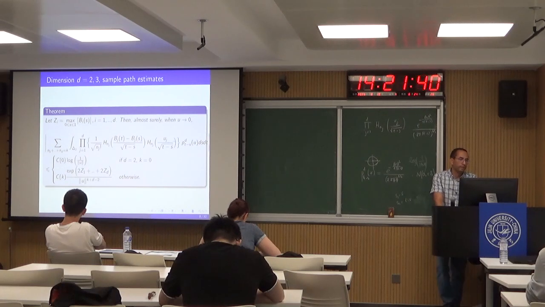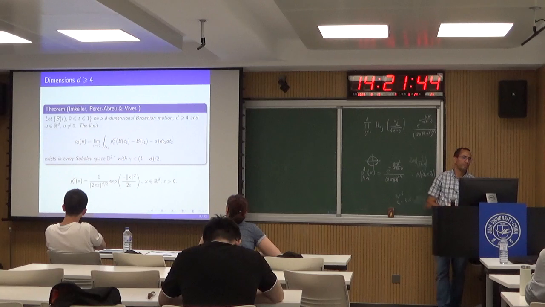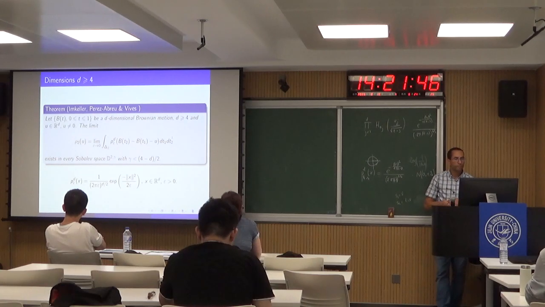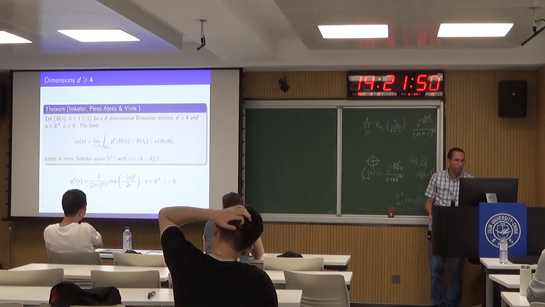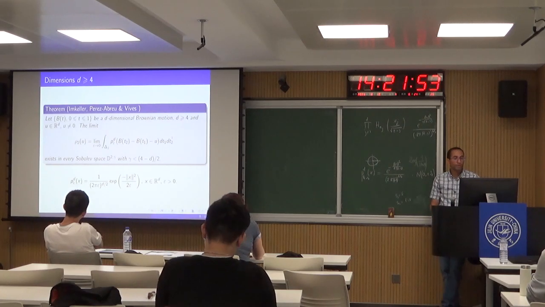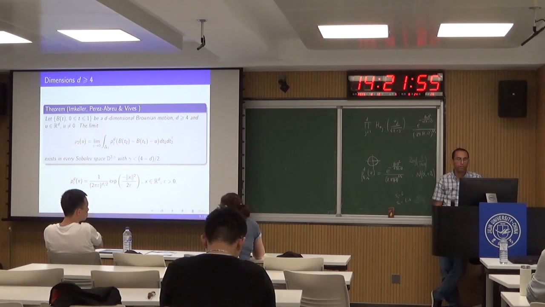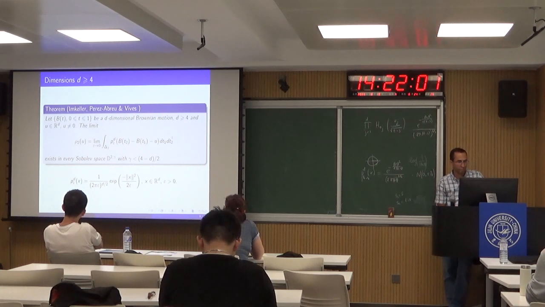Now we'll move to higher dimension, dimension d greater or equal than 4. As we said before, the self-intersection local time does not exist here. However, we can replace it by something. So here is really a good point in this theory.